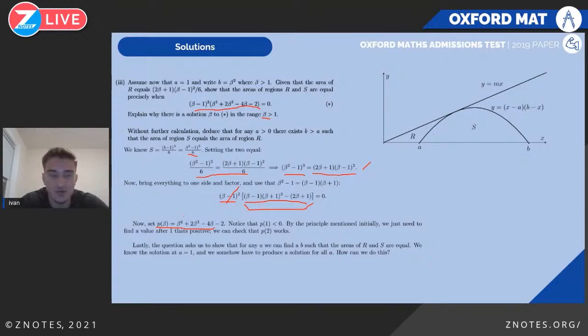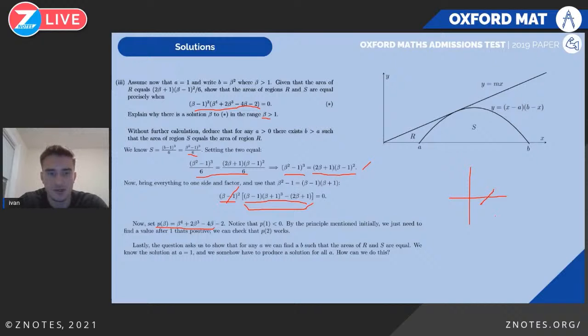So when we evaluate p(1), we find that p is negative. Okay. So now we know it's negative. So what we need to do is find a value greater than 1 where p is, say, positive. If p is positive at that value, then at 1 it's negative, at some later value it's positive, and therefore it's going to pass through the x-axis.